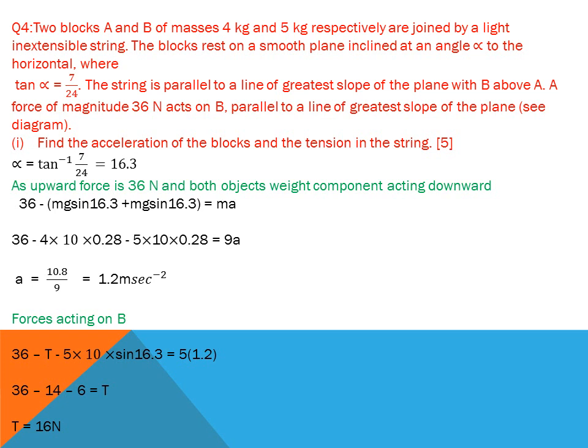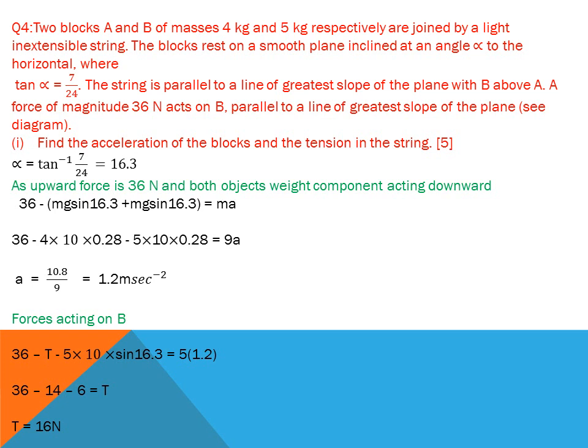F is equal to ma, where F is the net or resultant force. So 36 minus 4·10 sin theta minus 5·10 sin theta is equal to 9a. We add up the masses of the two objects because the force of 36 Newton is applied on both bodies. Here I shall find the acceleration is equal to 1.2 meters per second squared.